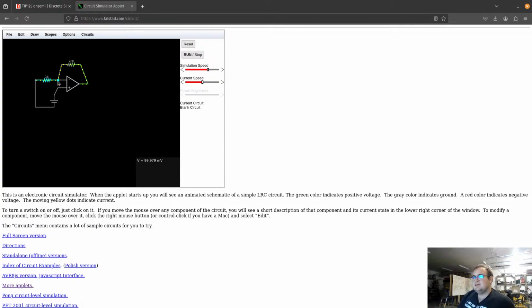Yes, we see almost 100 millivolts. Yeah, no, sorry. That is right, because we have to apply the full thing there. That's why. Whatever we put at this positive non-inverting input will be multiplied by 21 in this case.